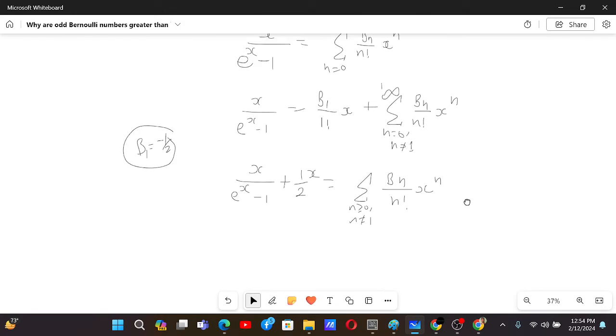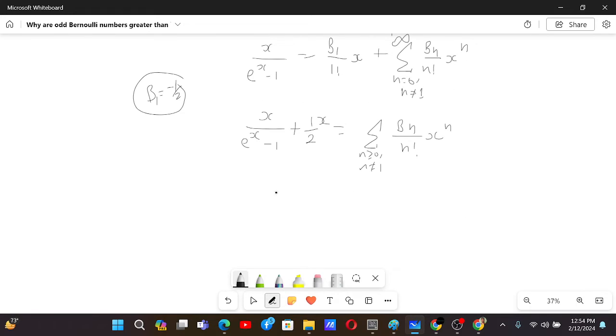Now how can I write this? I will try to show this as an even function. For that I can write this as 2x plus x times e to the power x minus 1, in brackets, equals the sum over n greater than or equal to 0 and n not equal to 1 of B_n by n factorial x to the power n.